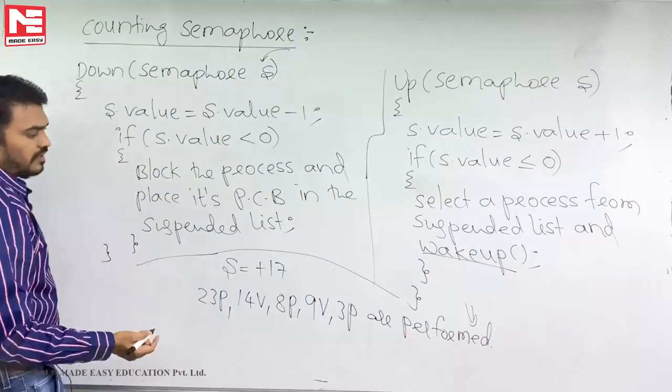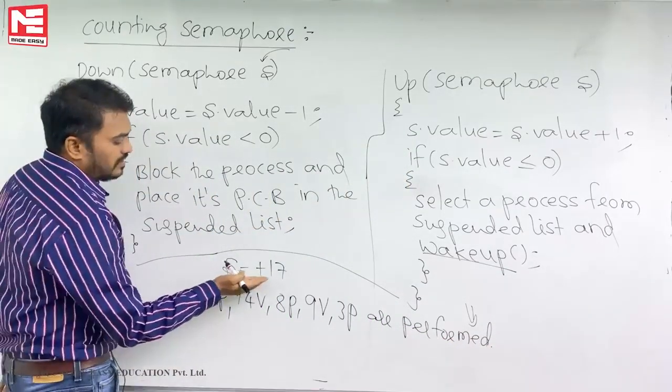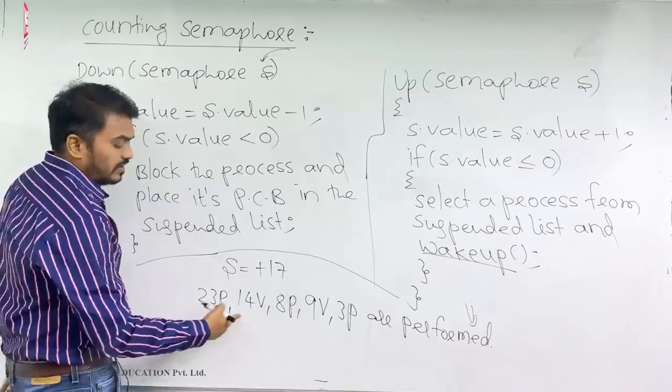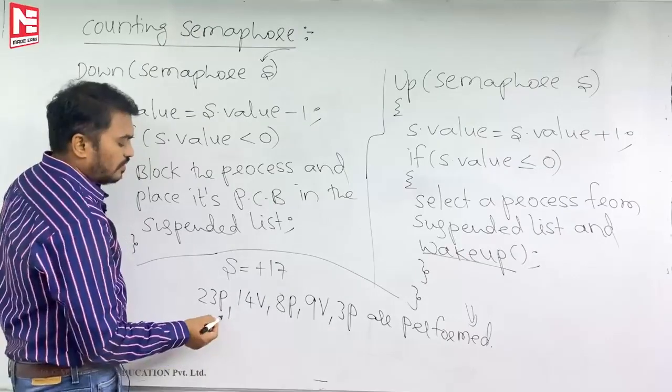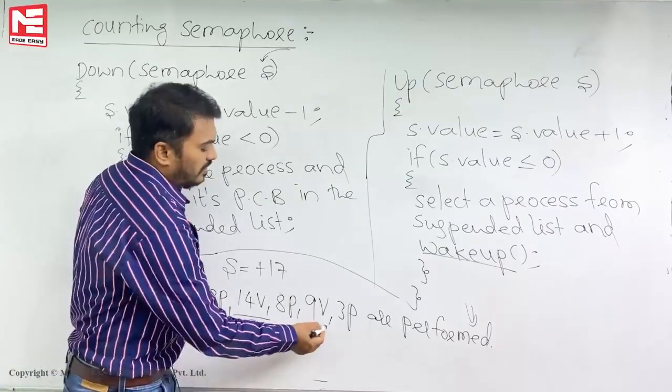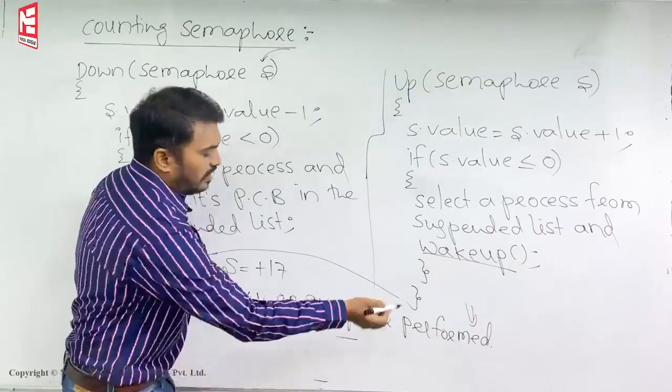Listen, copy this. S, the initial value of the semaphore, is plus 17. 23P: P means down operation, V means up operation, right? So 23P, 14V and 8P, 9V and 3P are performed.